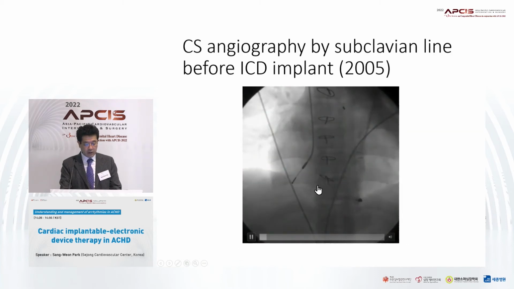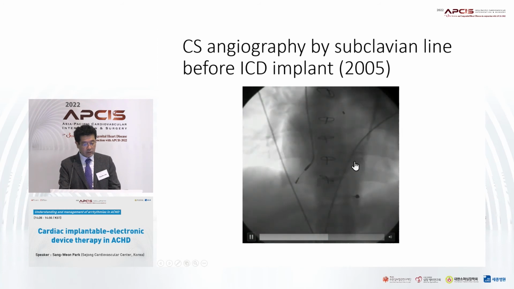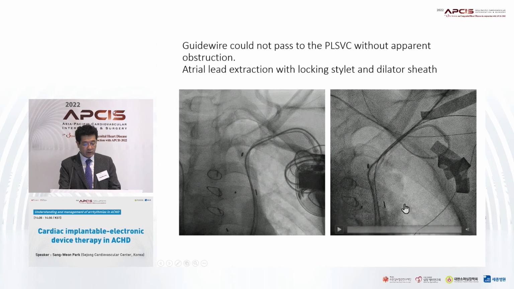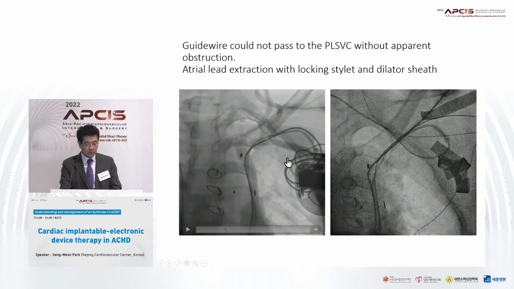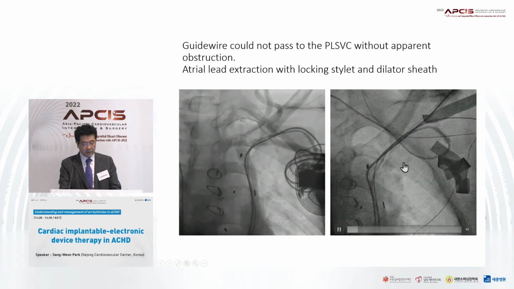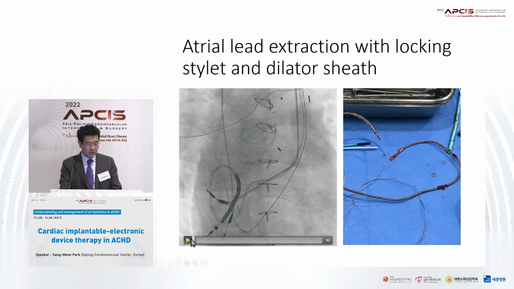At that time, we did angiography, venography, and they showed us some branch. The guidewire could not pass, so I decided to explant the atrial lead, because the atrial lead showed lead dysfunction.